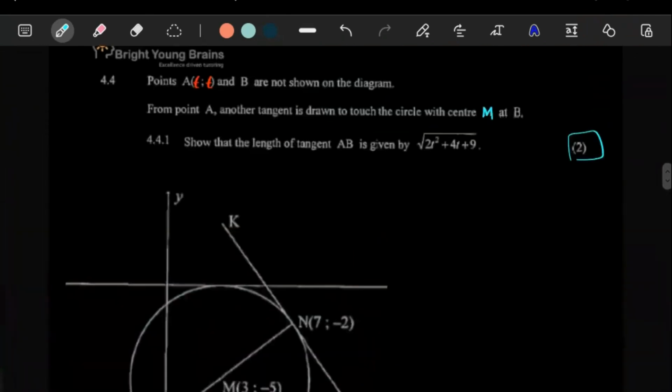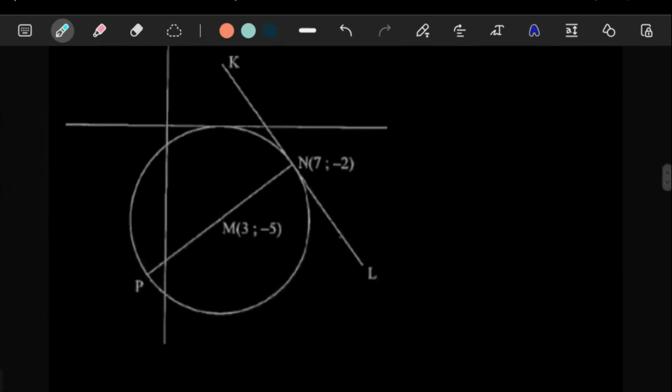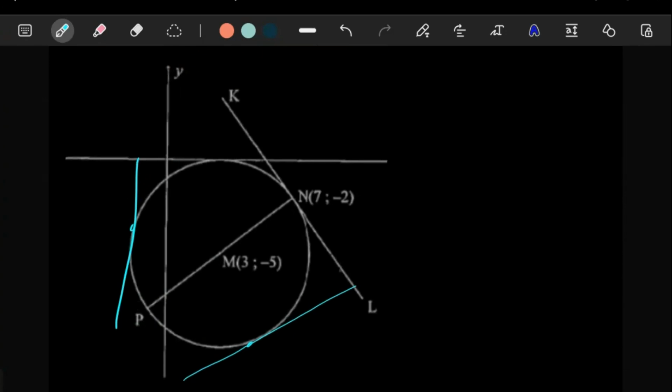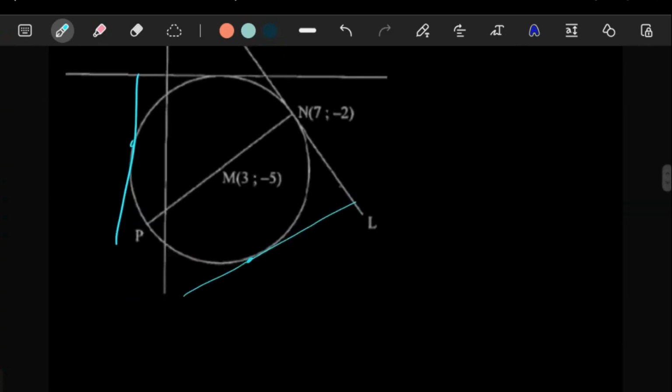But from point A, you are able to draw a tangent and it will be touching the circle at point B. So somewhere on the circle, there's point B. We don't know where the tangent will be, whether it's somewhere over here, somewhere over here, it doesn't matter. But what they're telling us is you have a point A somewhere where it meets the circle. You have that as point B.